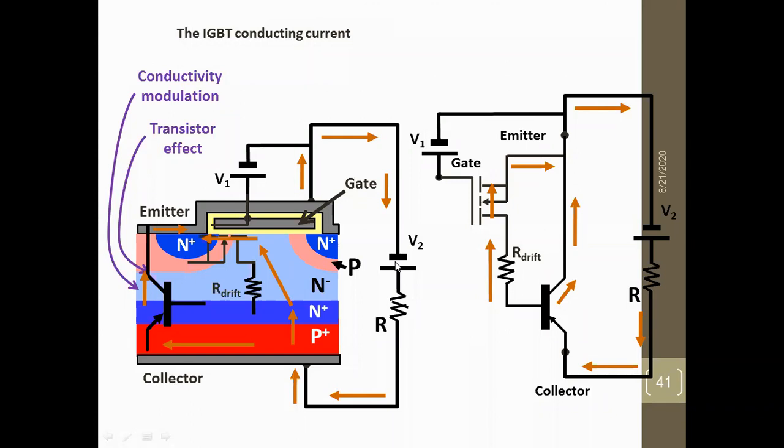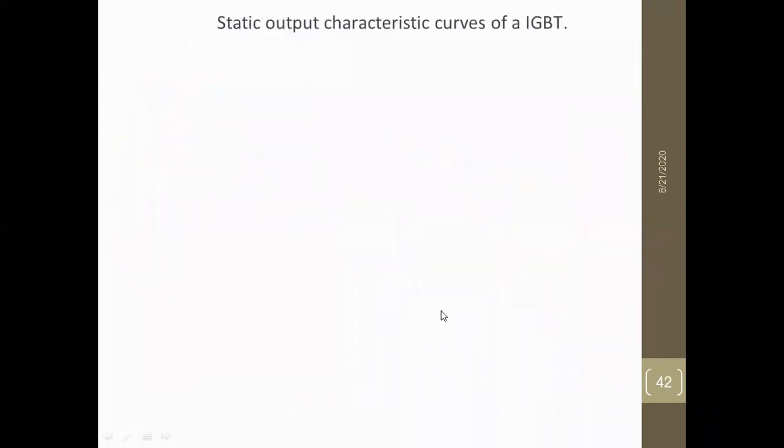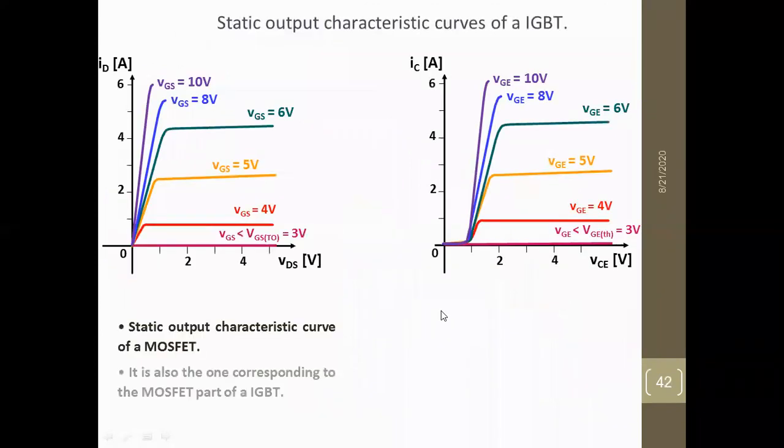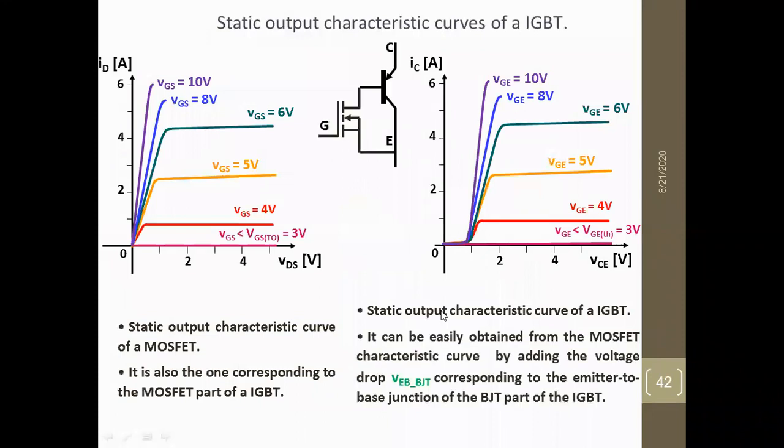Here the IGBT has very low switching losses. Here I am showing the static output characteristic curves of an IGBT, considering the collector emitter voltage and the collector current.